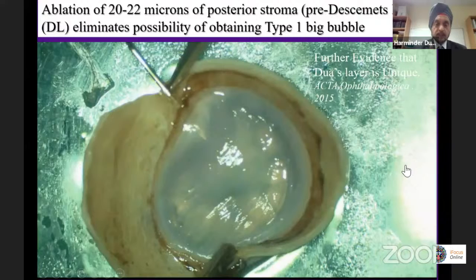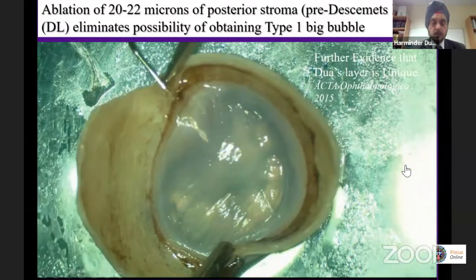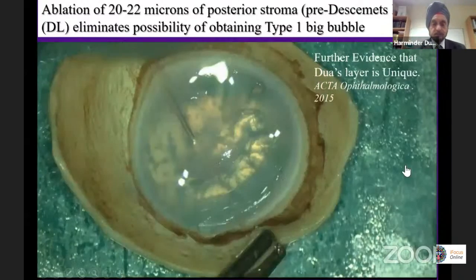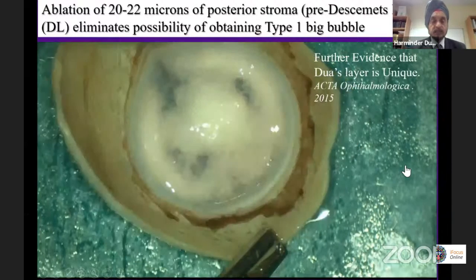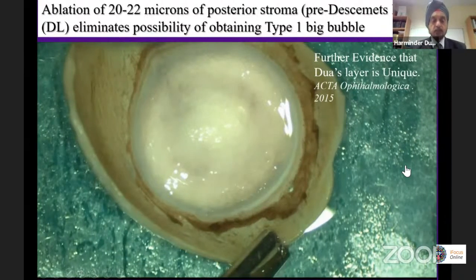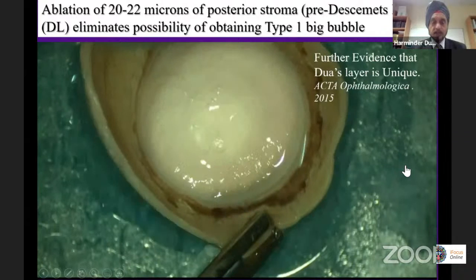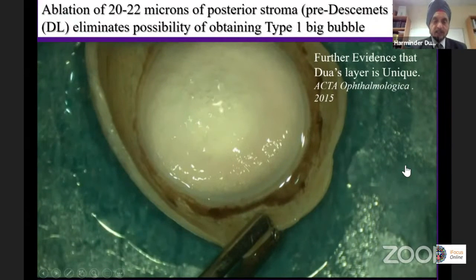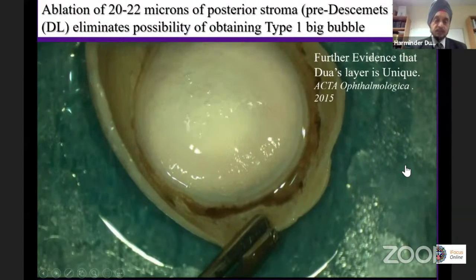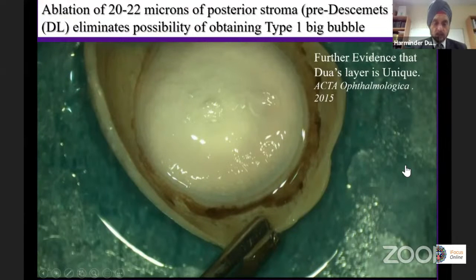Now you've got rid of that layer. If you inject air, you should make another bubble, but that doesn't ever happen. What happens is that from multiple leaking points, air is escaping, and you can never create another bubble once you've got rid of this layer, because there is only one layer that you have.